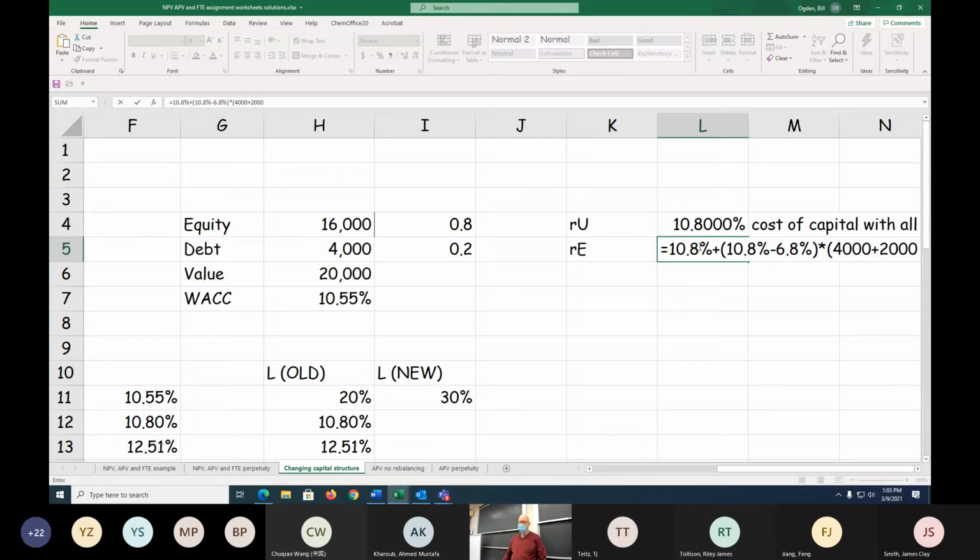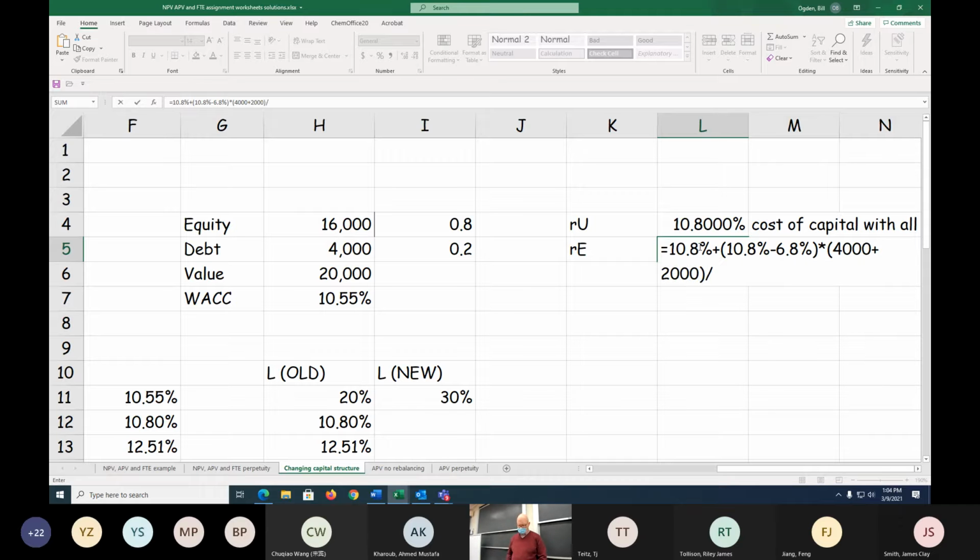What's the 6.8? That's the new cost of debt. So when they issue this new debt, it's gonna cost 6.8. Because the debt they already have could have been issued 15 years ago. So you have to use the most recent cost. And that's kind of an oversimplification in most of the problems we do.